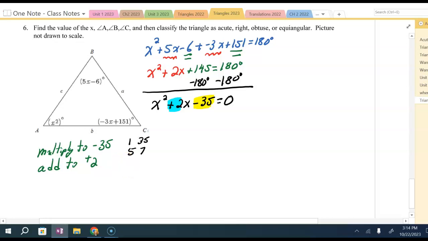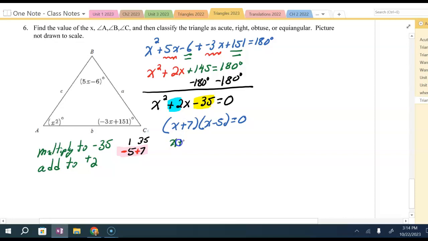Since I want to add to 2, the 7 needs to be positive and the 5 needs to be negative. So we're going to use this pair of numbers that I'm highlighting in pink, and then we're going to factor. So this becomes x plus 7 times x minus 5 is equal to 0.